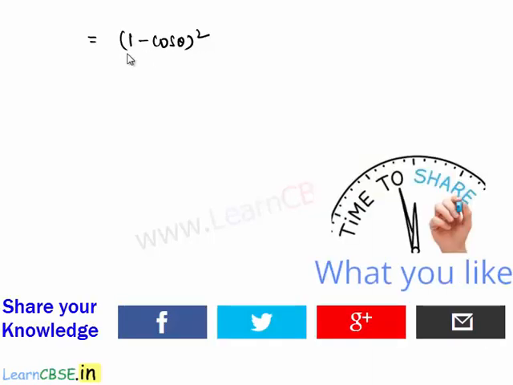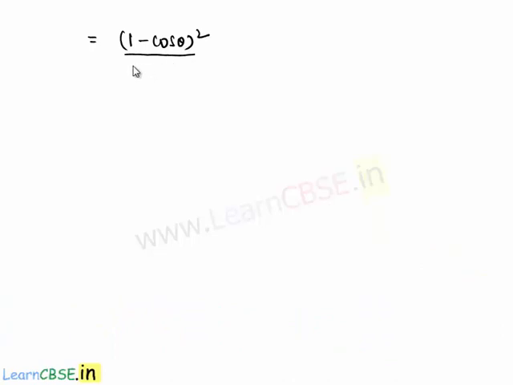Therefore that will be equal to 1 minus cos theta whole square divided by 1 plus cos theta into 1 minus cos theta, on splitting the 1 minus cos square theta. Here if we observe numerator and denominator, we have common factor 1 minus cos theta, which cancels 1 minus cos theta square 1 minus cos theta times.